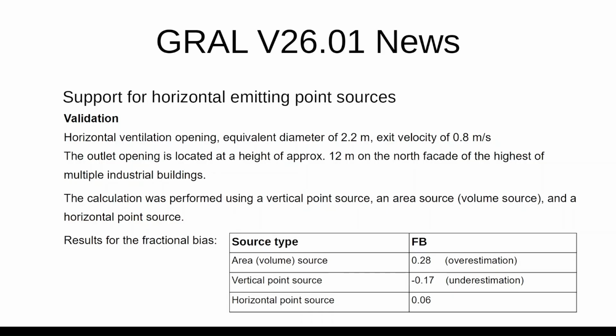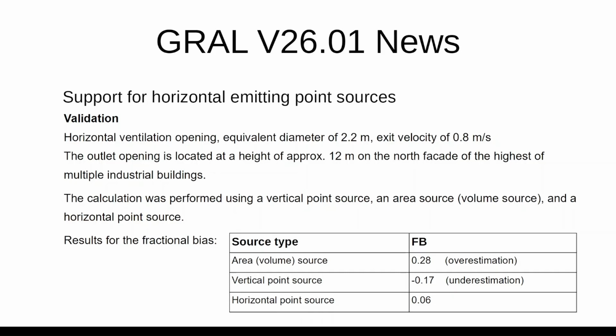The horizontal ventilation opening has an equivalent diameter of 2.2 meters, an exit velocity of 0.8 meters per second, and the outlet is located at a height of approximately 12 meters on the north facade of the highest of multiple industrial buildings. The calculation was performed using a vertical point source, an area source, and a horizontal point source.